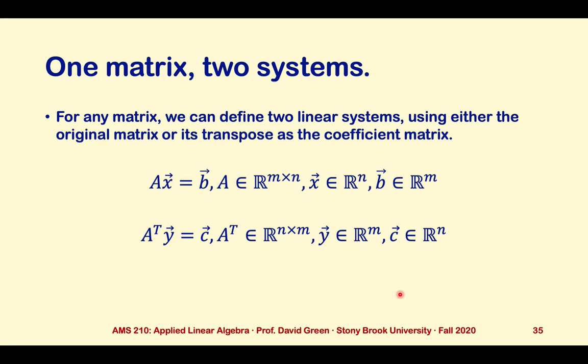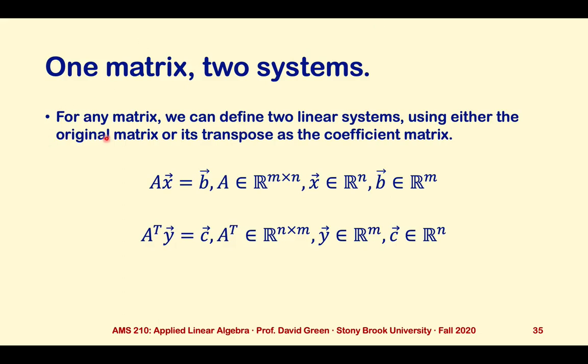That was all a discussion of vector spaces and matrices. Let's now add into this picture the idea of linear systems, which is really what has grounded most of our discussion in the semester so far. Really, for any matrix, we can define two linear systems.